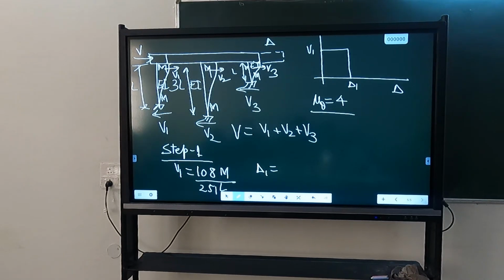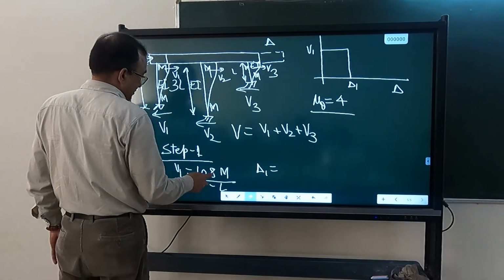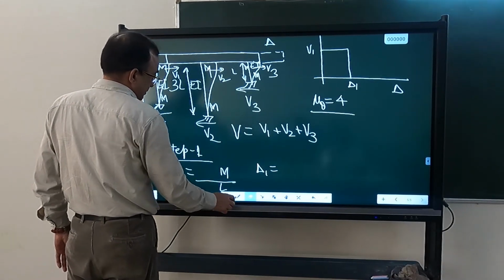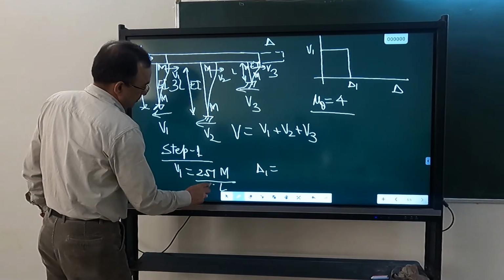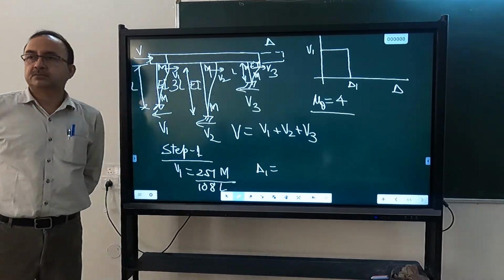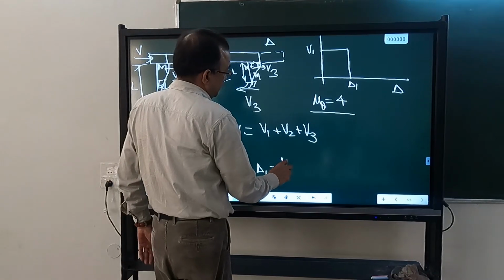This is 251 over 108. 251 ML square over 6.